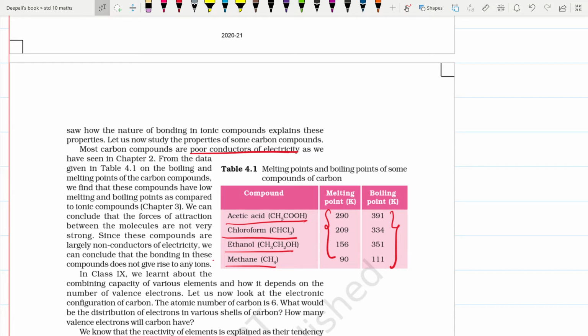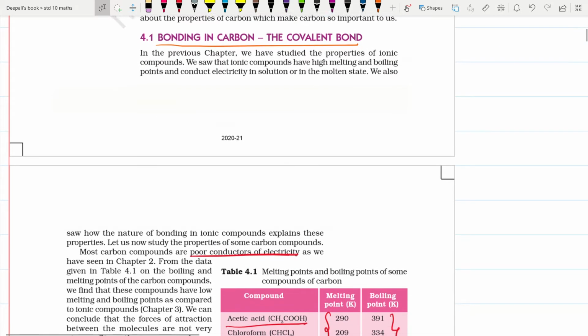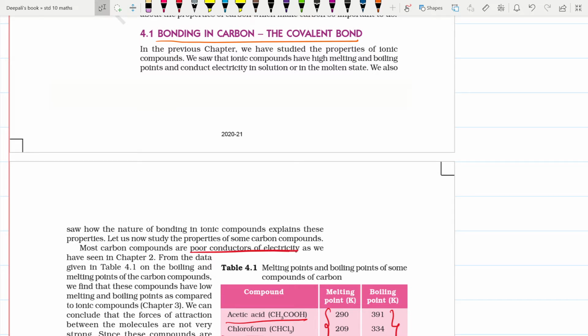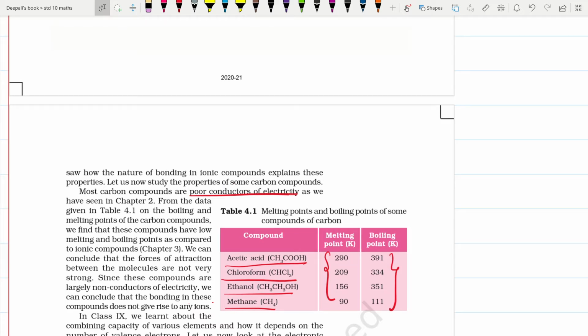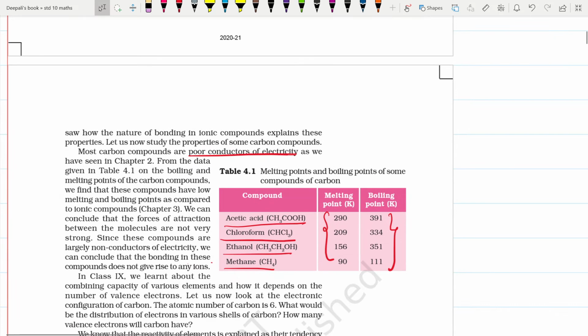Most carbon compounds are poor conductors of electricity, as we have seen in chapter 2. Look at the data given in table 4.1 on the boiling and melting points of carbon compounds. The ionic compounds have higher melting and boiling points and are good conductors of heat and electricity because of the free electrons present in them, whereas covalent compounds do not have any electron transfer or free electrons, so they are poor conductors of electricity and their melting and boiling points are very low.